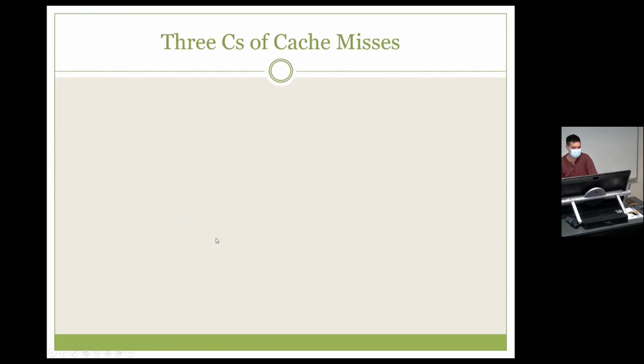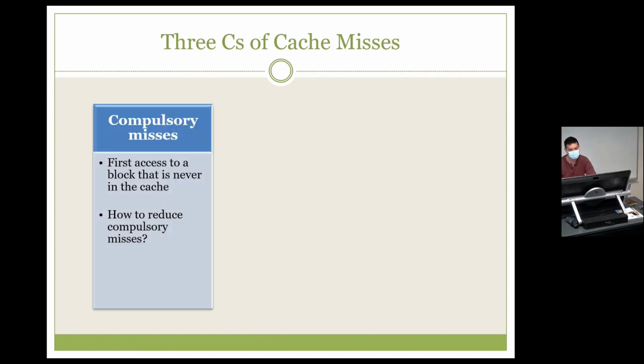So cache performance. Just so that we cover all of the terms, there are 3 different kinds of cache misses. The first is a compulsory miss. This is basically there was no chance for it to be in the cache because the cache starts empty.